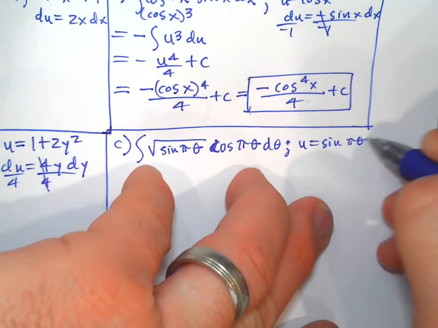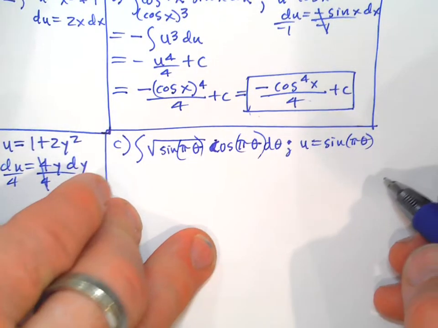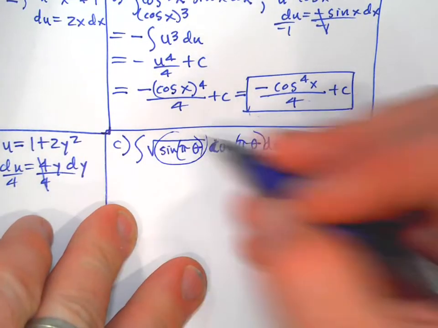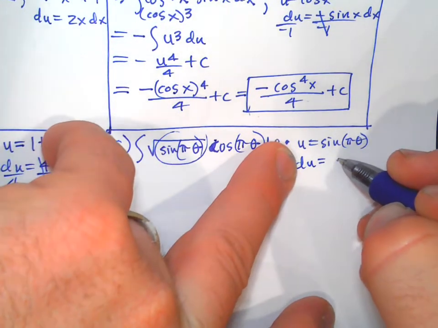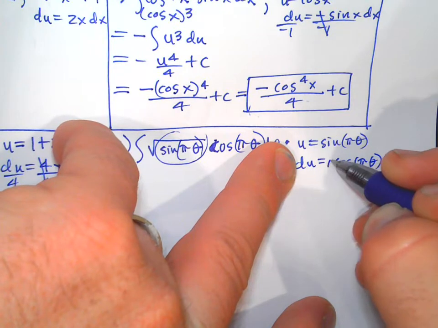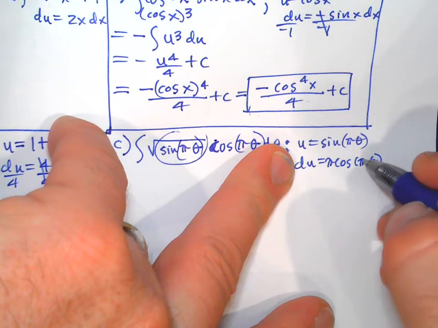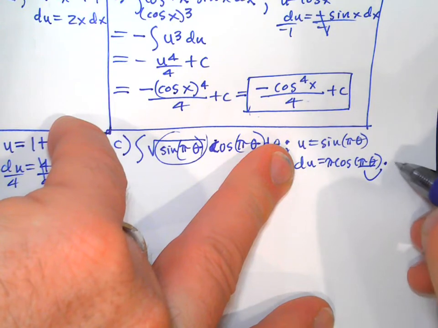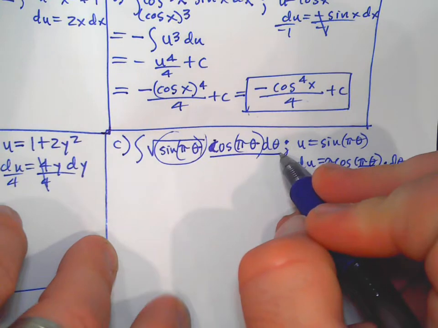It might make more sense to put parentheses around these, just to make it super clear. But that's the inner function. du equals cosine pi theta, but then the chain rule says put an extra pi in front, times the derivative of what's inside, and then you get a d theta.